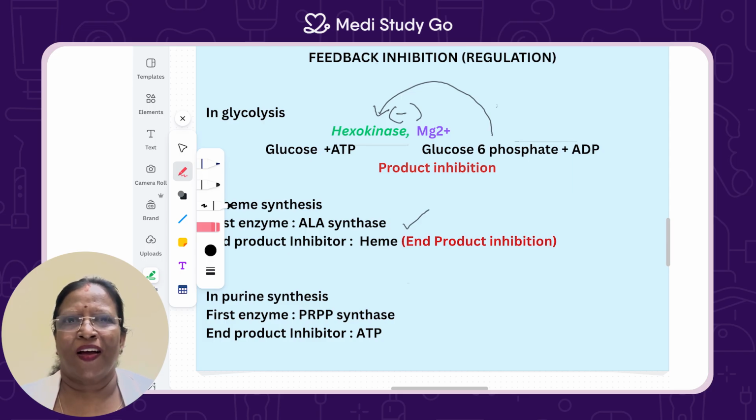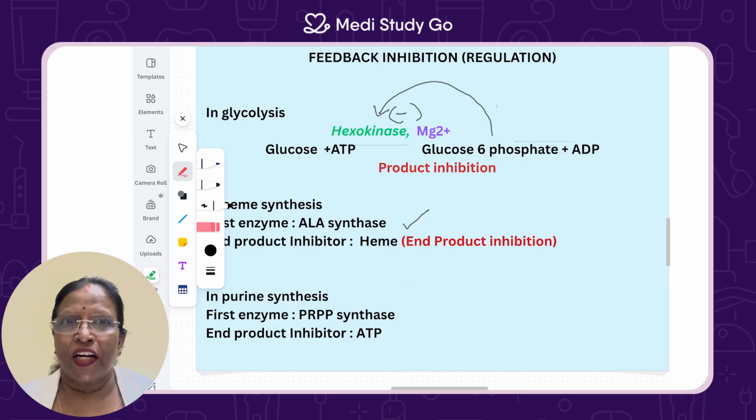So these are the three types of reversible inhibition: competitive inhibition, which can be reversed by increased substrate concentration, the allosteric inhibition, and the feedback inhibition, which can be reversed by the decrease in the concentration of the modulator or the end product in the cell.